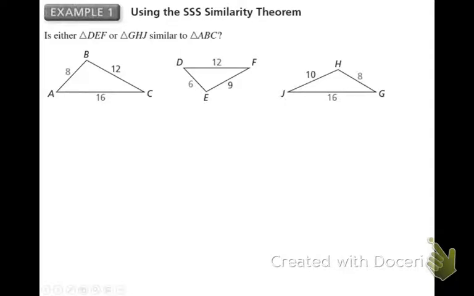Let's first read the problem. Is either triangle DEF or triangle GHJ similar to ABC? When they're similar, you'll be using the same scale factor. So I would write it up here: we're looking for the scale factor.